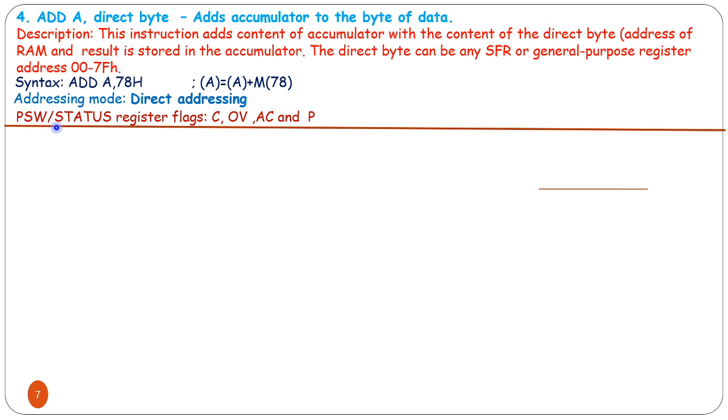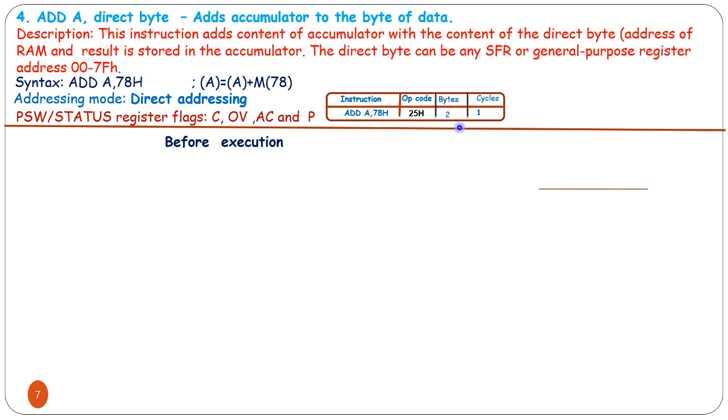The PSW or status register flags, carry flag, overflow flag, auxiliary carry flag, and parity flag get changed. This instruction has the operation code 25H. ADD A, 78H is a 2 byte instruction. The number of machine cycles required is 1.